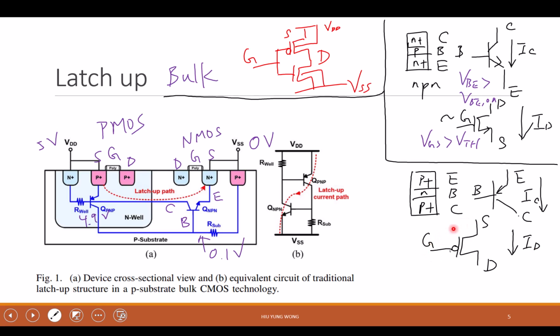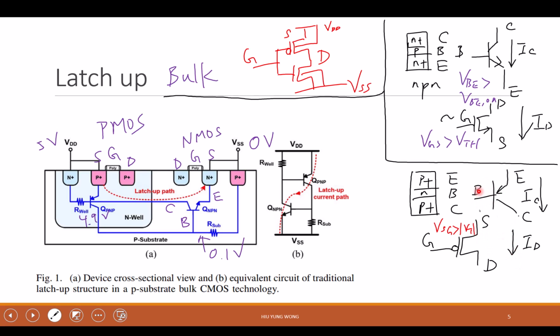Again, in the PMOS, if VSG is larger than VTH, right? VSG is larger than the absolute value because they are negative, so now I play with absolute values. You just plug in, you will find that is correct. The point is that G is much lower than S, then I have a lot of current.